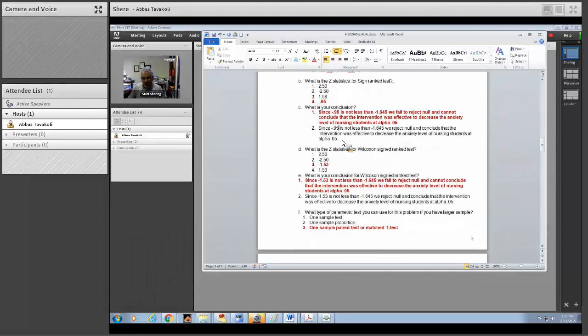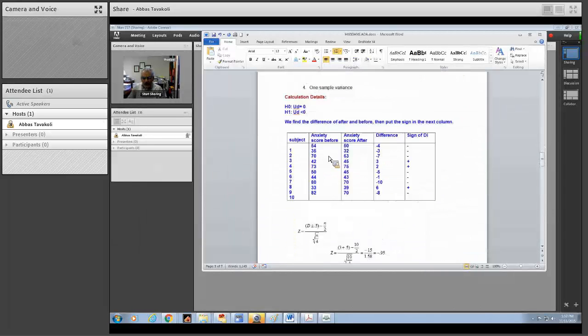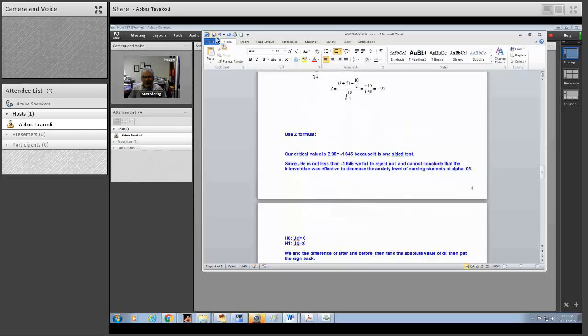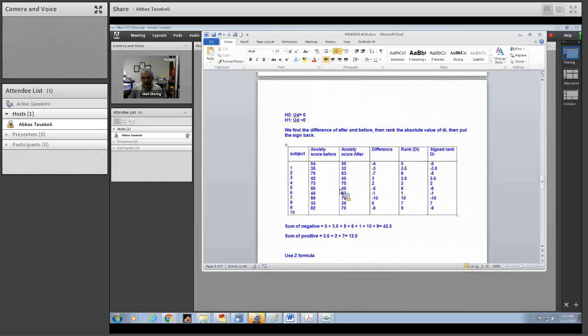Again, for parts D and E, you do the same steps as in the previous one until you get the differences. Now you rank all of these based on the absolute value. For example, negative 1, the absolute value is 1, is the first one, the lowest value, and so forth.